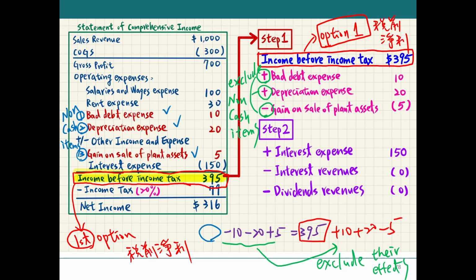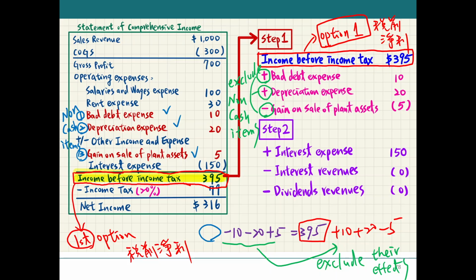Why? Because I am so scared to find out how much money I have to pay for the tax. Because of these three big guys, we want to know the cash flow we have from these three big guys. Because of that, we have a step 2 and a step 3, okay?